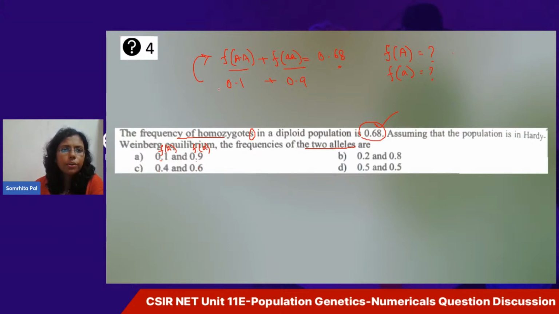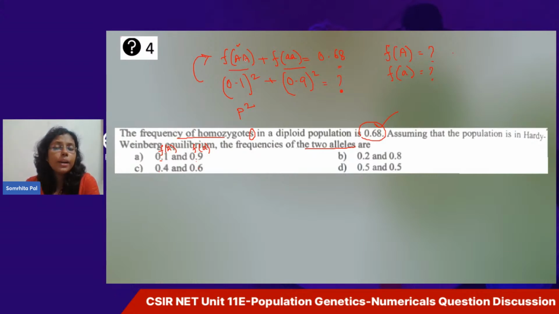What you have to do is square it and see what result you get. Why? Because if it is allelic frequency, that means it is p, and if it is a genotypic frequency, it is p squared. So whatever allelic frequency is given to you, you have to square it to get to the genotypic frequency. Have you understood? So even if it is a back calculation, still you have to be careful.